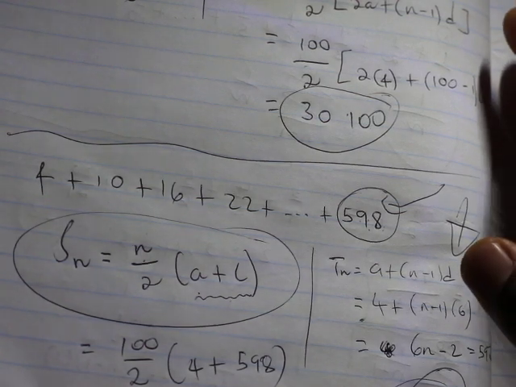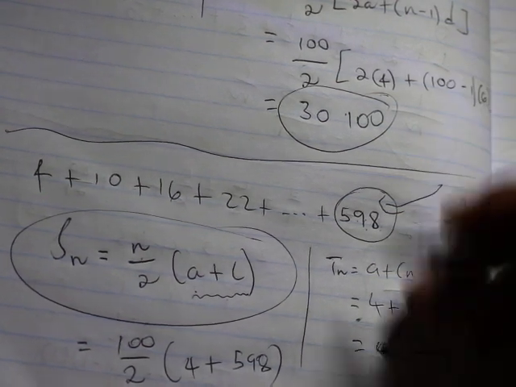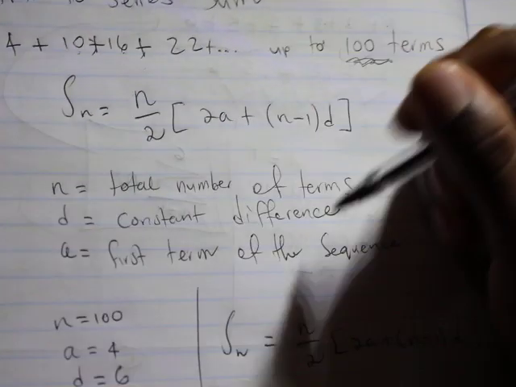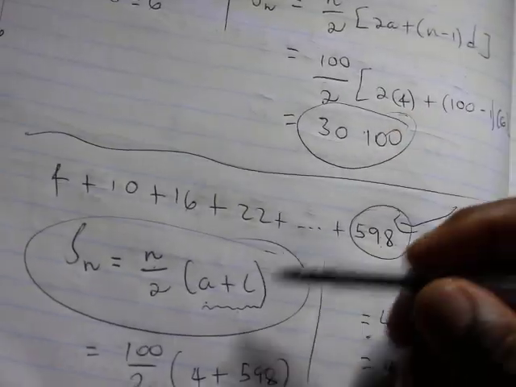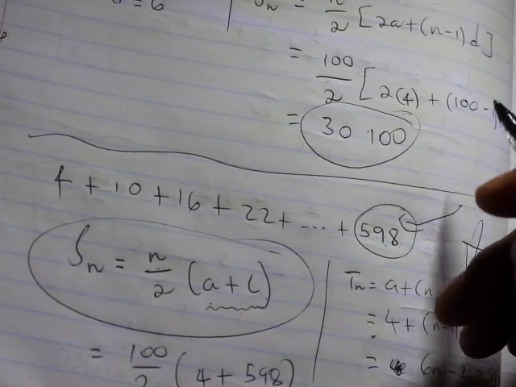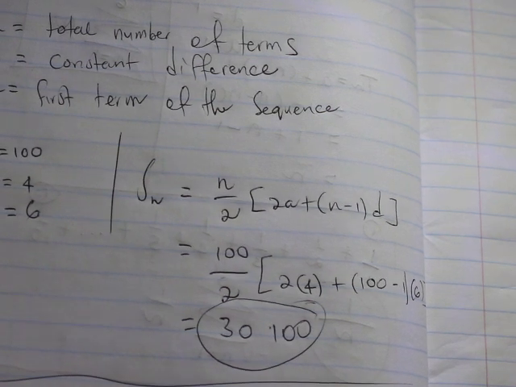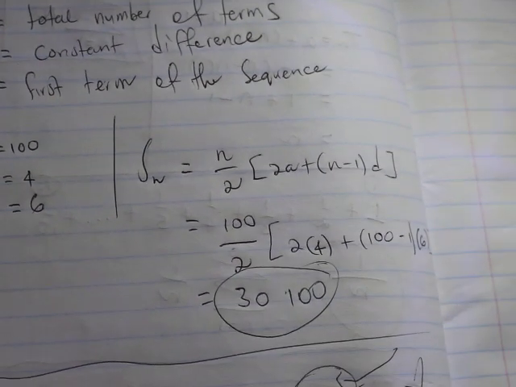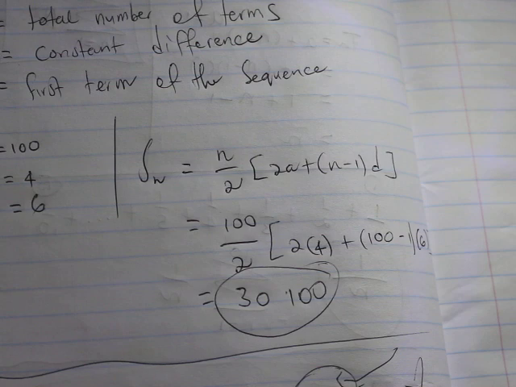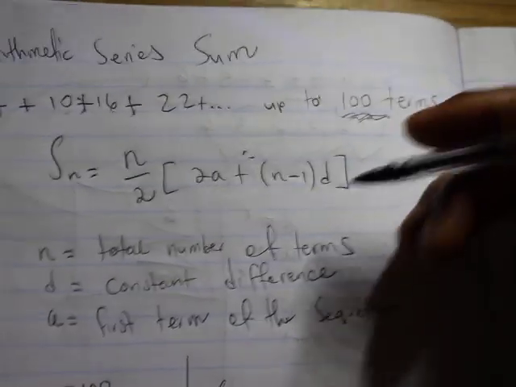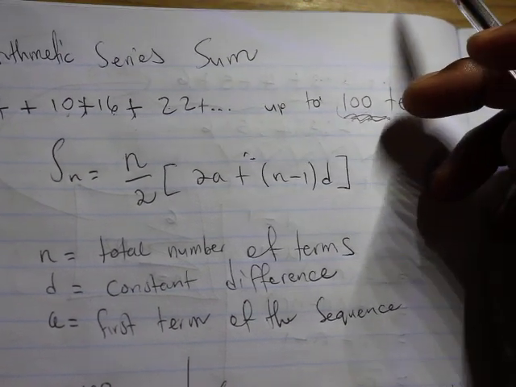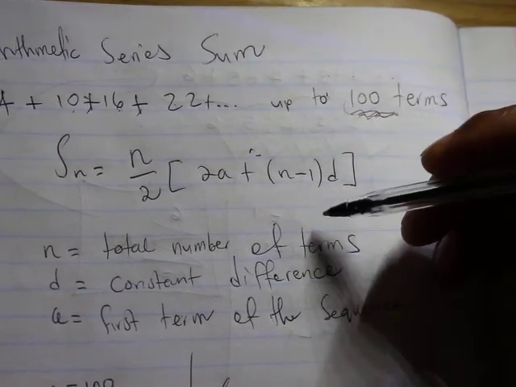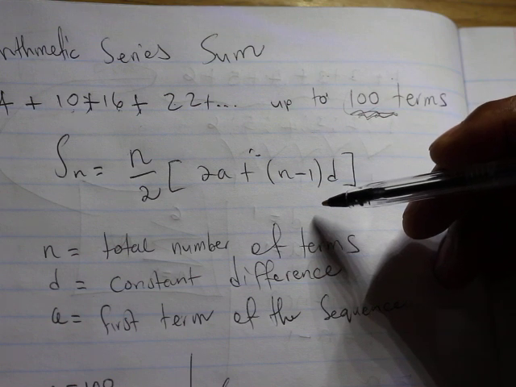You don't realise that you're not using this formula, but you're actually using this one, which is way faster compared to that one. You just need to check the situation and figure out what formula you need to use. But you can actually get away with using this one all the time. This is like the main formula, you understand?